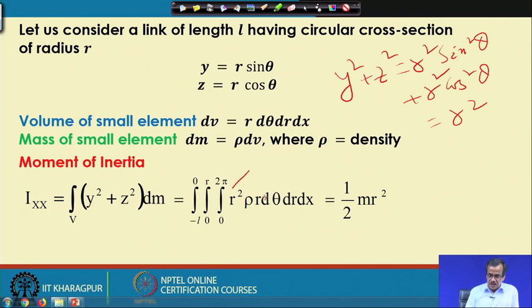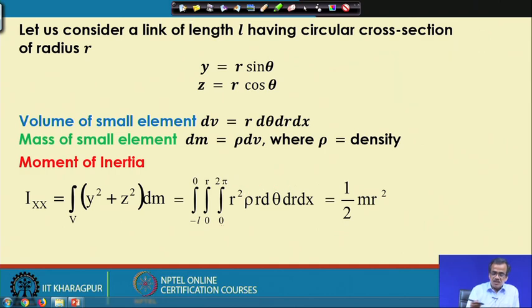And dm is rho r d theta dr dx. Let us find the limits of integration. Theta will vary from 0 to 2 pi, r will vary from 0 to r, and x will vary from minus L to 0.